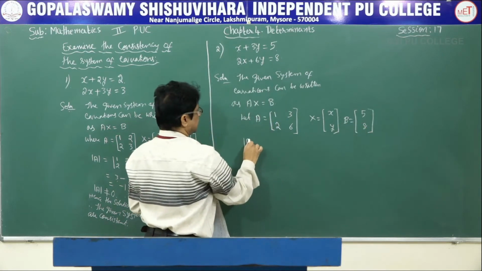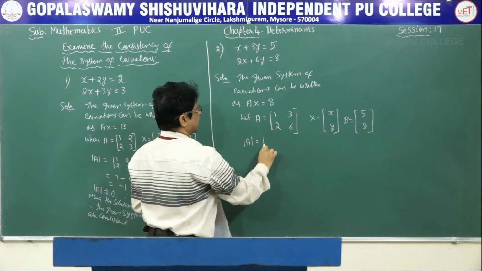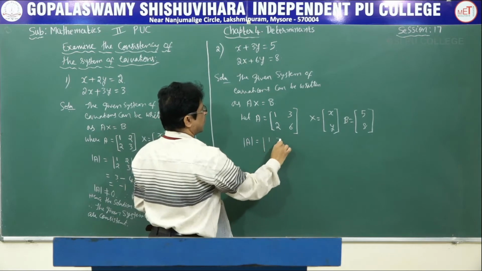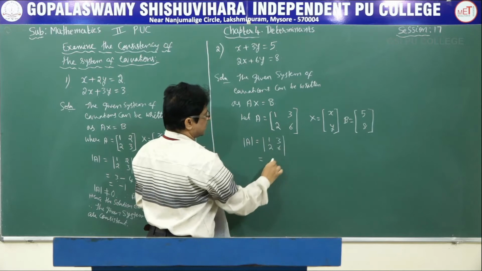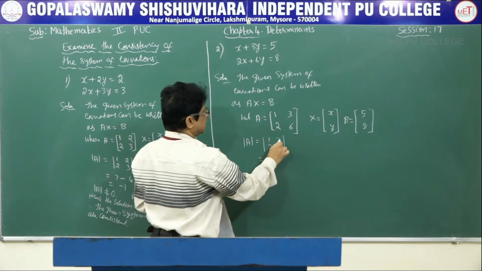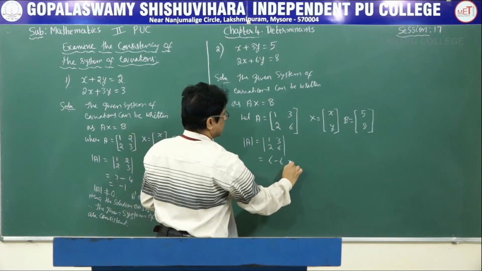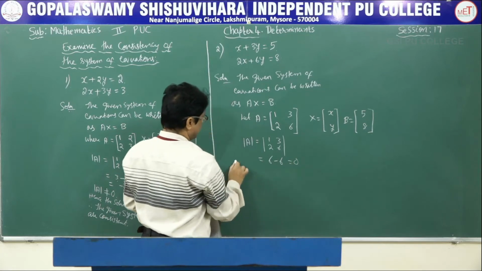Let us find the determinant of the given matrix. So determinant of 1, 3, 2, 6. So 1 into 6, 6 minus 3 into 2, 6, which is equal to 0.